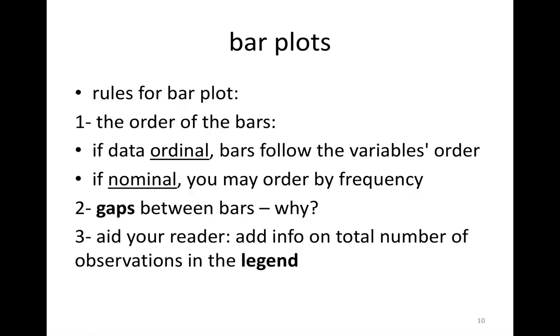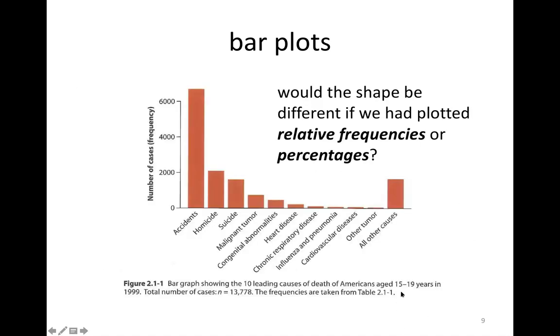And it's also helpful here to add extra information in the legend. Here, for instance, it's described. First of all, we learn how many variables we have in total, 10, and then what this is all about, and also the total number of cases, the total frequency. That's also important to describe.